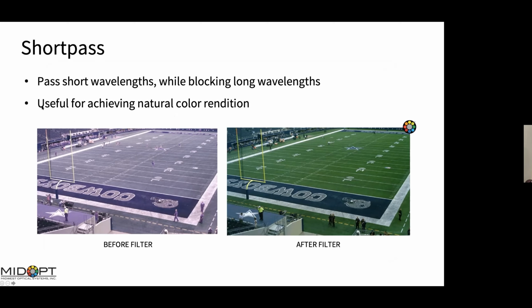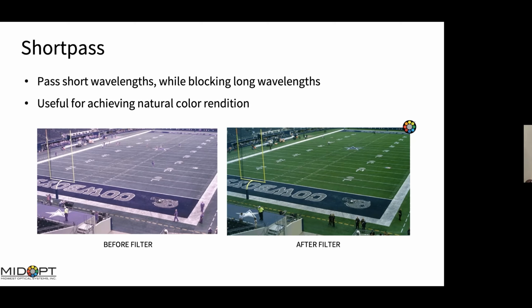Now, short pass filters, when you're dealing with a color application, are very good at helping to achieve natural color rendition. In this application, on the left, we had a customer who set up several color cameras at a football stadium. When looking at the image, there was this weird pink-red hue, and it was confusing because, obviously, to human eyes, it looked fine.